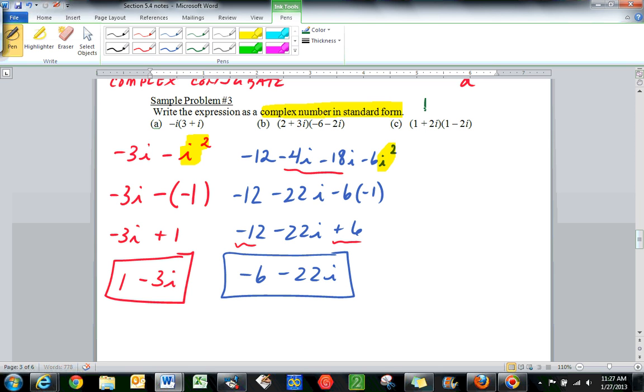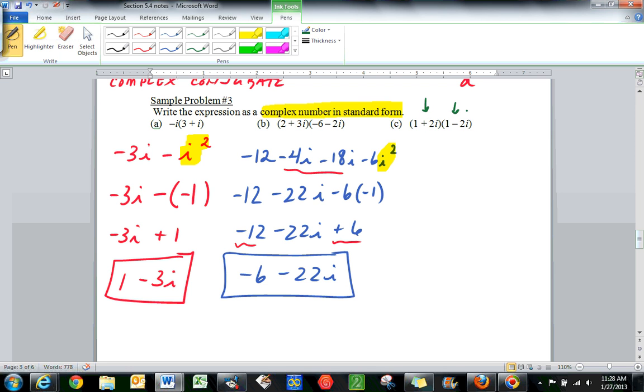Hopefully you recognize that we had the same term with different signs, so we're dealing with complex conjugates here. And if you recall from the previous example, whenever we have complex conjugates, we should know that the imaginary unit does get eliminated, so our final answer should just be the real portion. So let's see how this works out. So we'll still go through the foiling process.